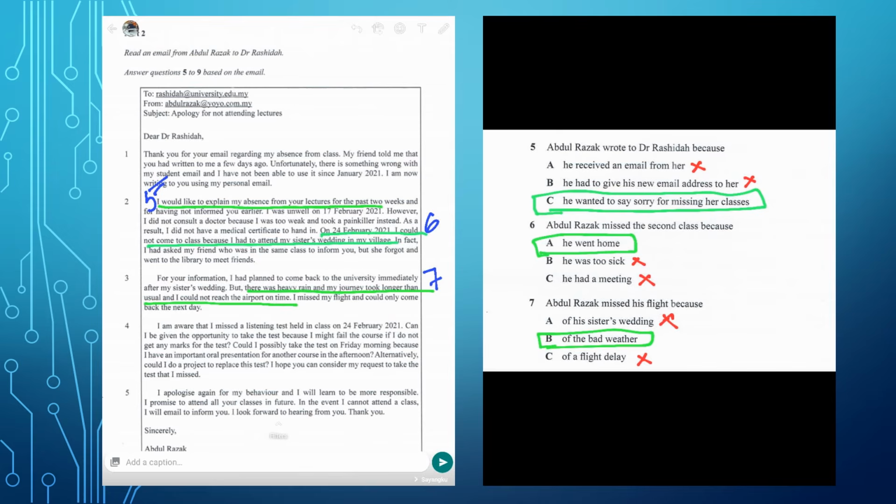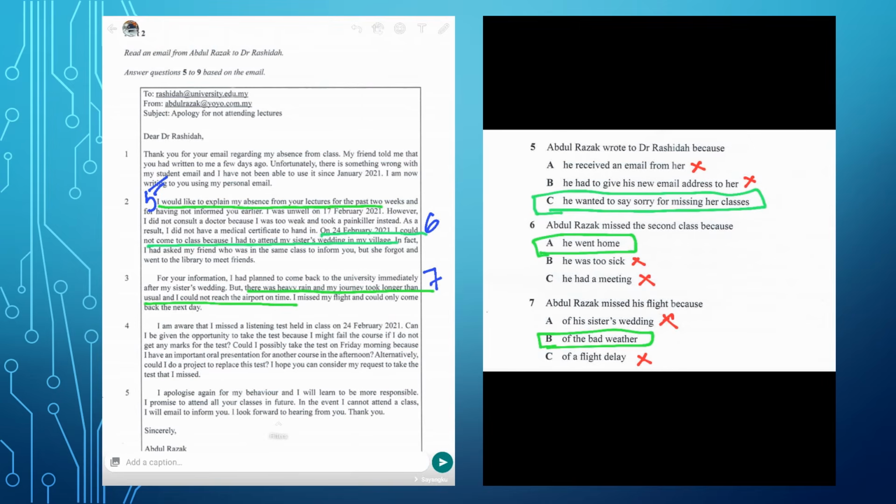Abdul Razak missed his flight because... so the reason why he missed his flight. In the passage, it mentioned there was a heavy rain and "my journey took longer than usual and I could not reach the airport on time." So the reason was the heavy rain.